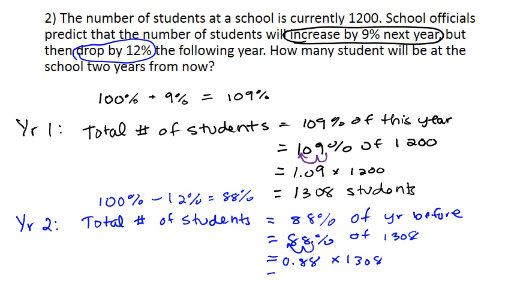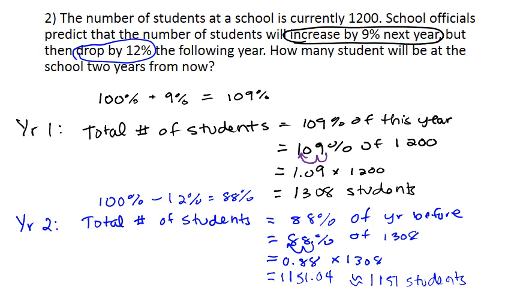And we get 1,151.04, which should look familiar. Now we need to round our answer because we can't have 4/100ths of a student. So this becomes 1,151 students. That's a different way you can approach the same problem.